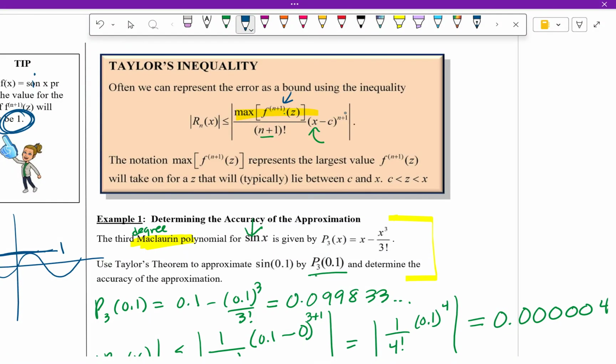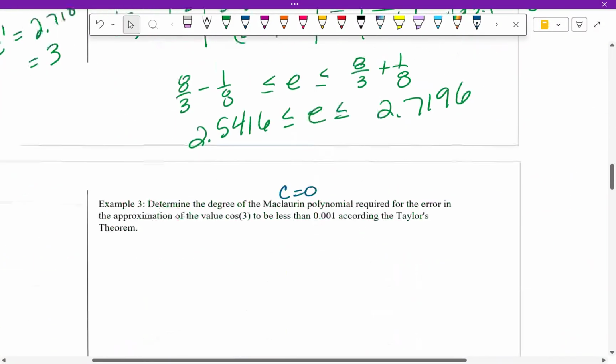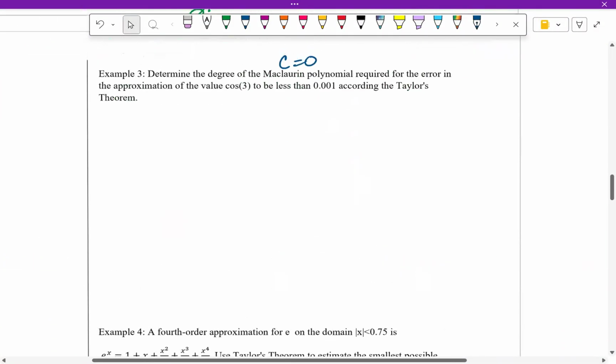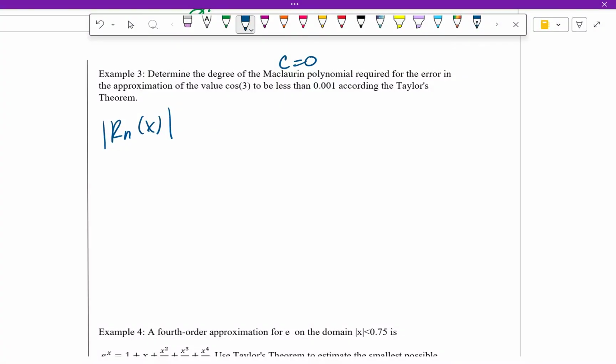Times x, which is whatever value we're plugging in, minus c, which is whatever our c value is, to that n plus 1 term. So we're going to use that remainder theorem. We write out our absolute value of R sub n of x, because they didn't give me what that value is this time. We want it to be less than or equal to this.